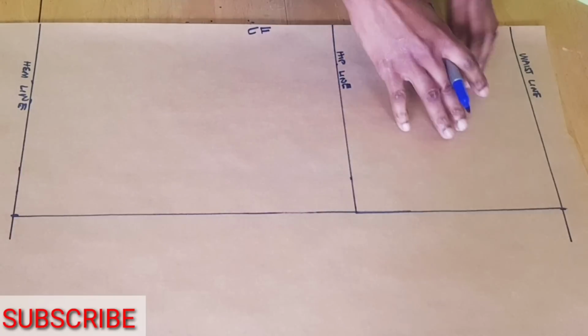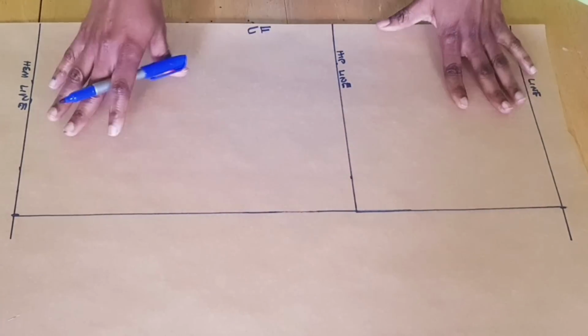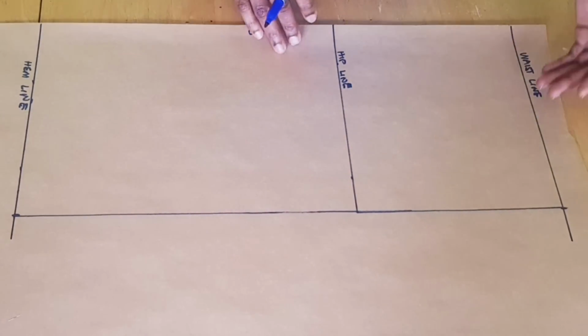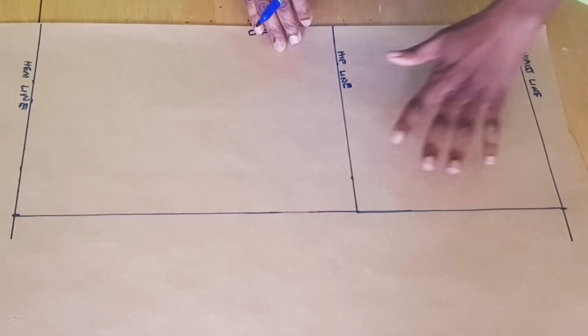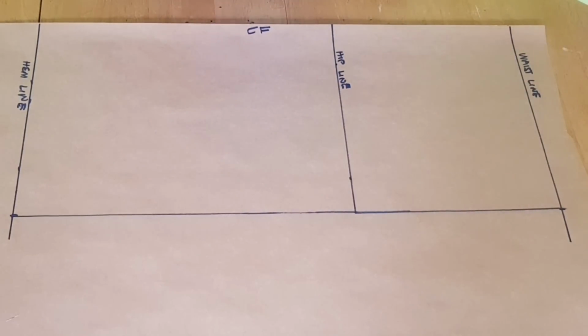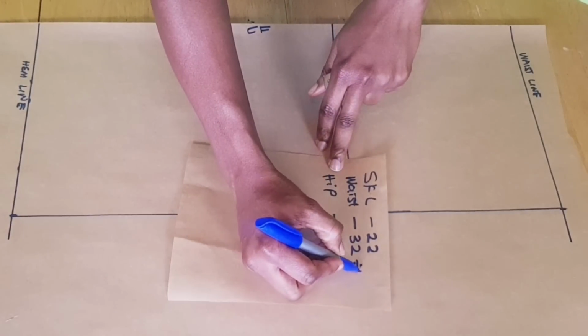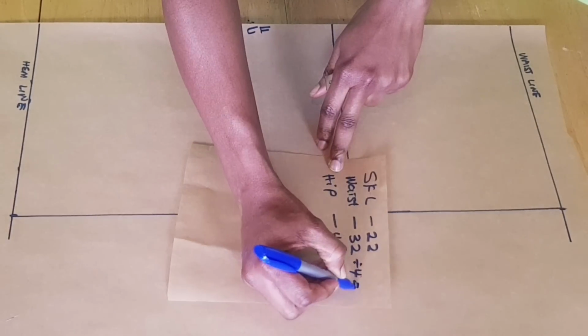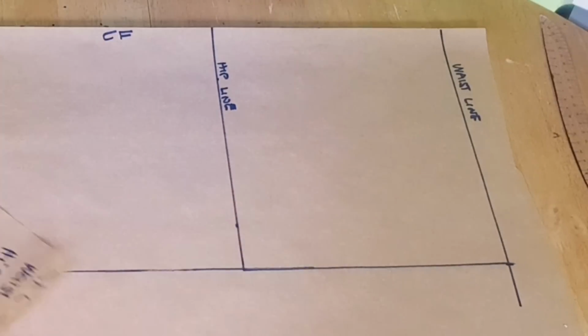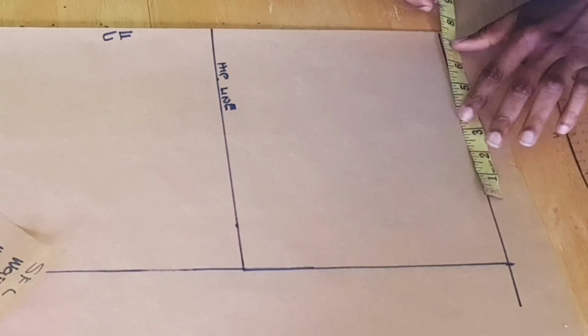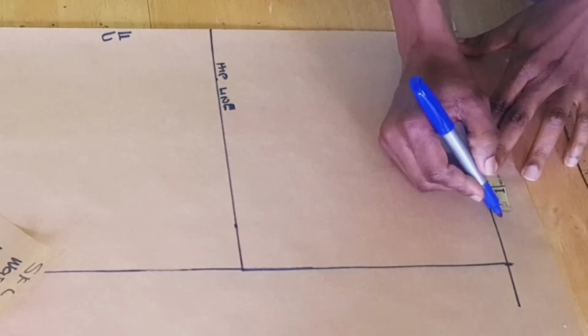So now that we have all the vertical and the horizontal lines in place, the next thing now is to input our measurement. So I will start from the waistline. So you divide your waist circumference by 4. I will have 8 inches in my own case. Then you mark that 8 inches.